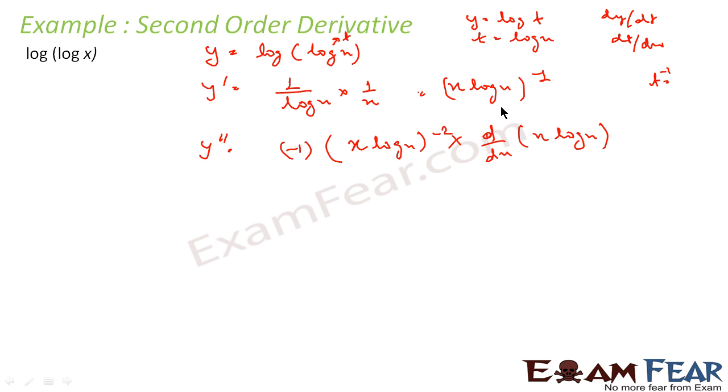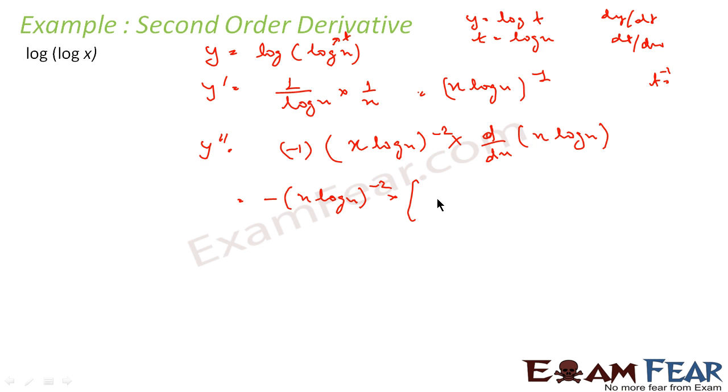How? Same thing. If you assume this is t, then this is nothing but dy by dt, that is minus 1 into t to the power minus 2, and this is dt by dx. This is nothing but minus of x log x to the power minus 2 into, this is chain rule, u into v.